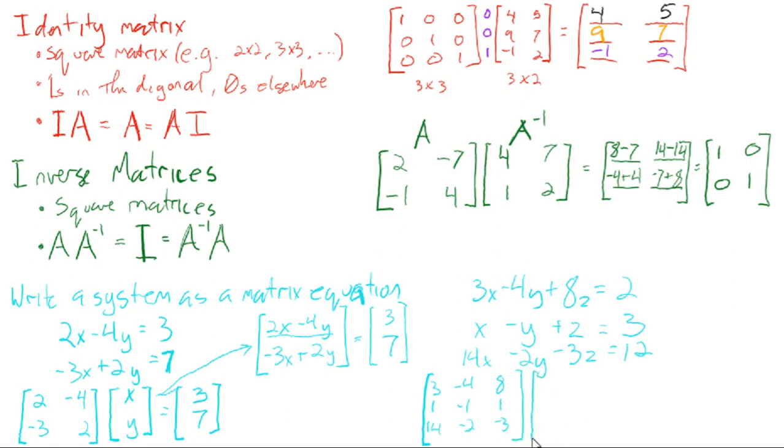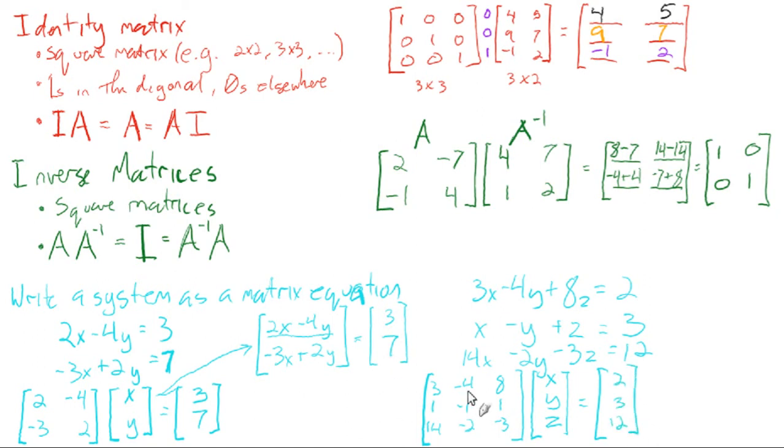Then we write our matrix of variables, that's x, y, and z. Whatever order they're in from left to right, x, y, z, they'll be in that order from top to bottom, x, y, z. If it's z, y, x, we write z, y, x. Just like that. And our matrix of constants, 2, 3, and 12.